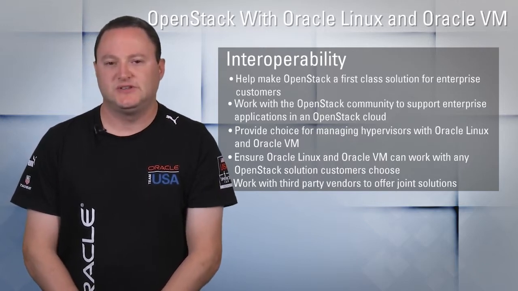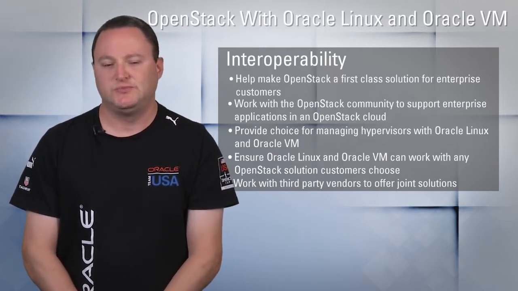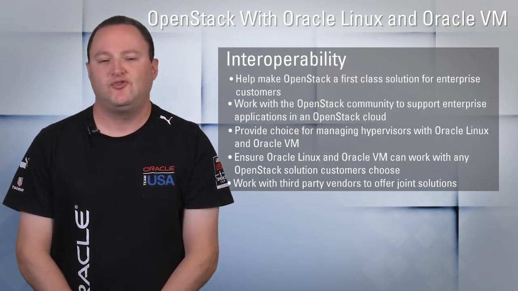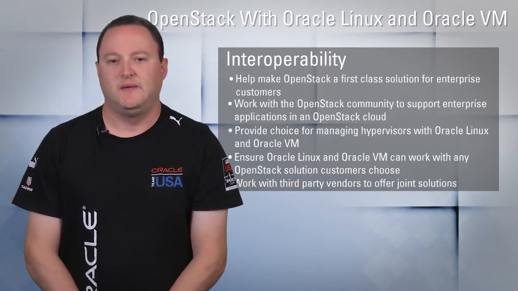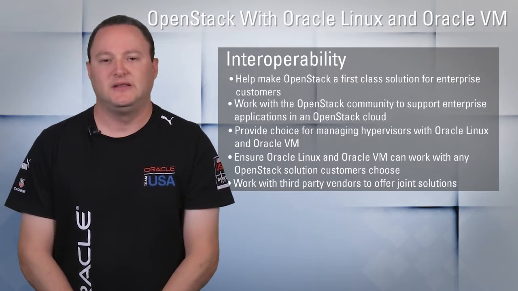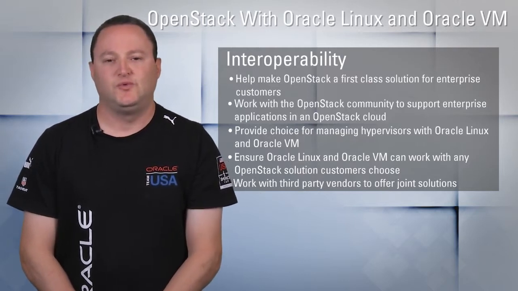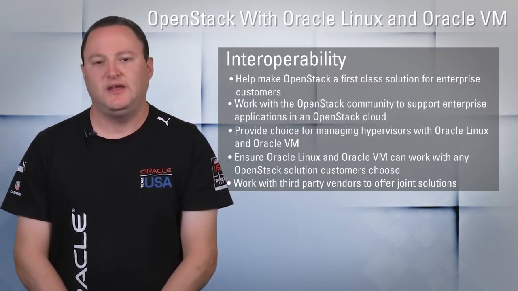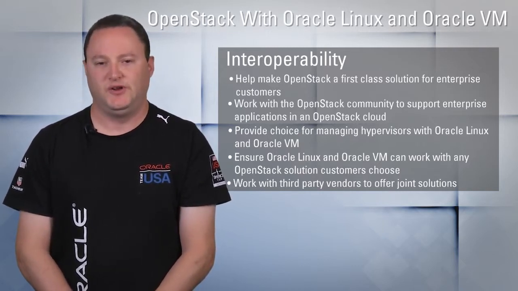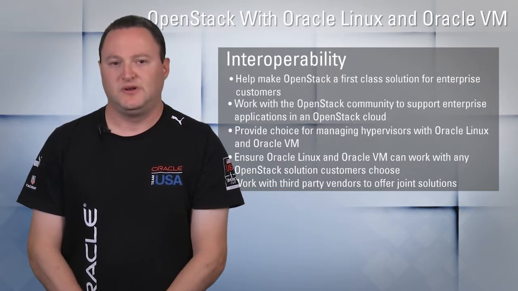So if a customer, for example, wants to use another distribution but still wants to use Oracle Linux, we will support him, and we'll make sure that we can work together with that distribution. And the two announcements that Oracle has made were with Mirantis, that Mirantis distribution will support Oracle Linux and Oracle VM, and with Canonical, saying that Oracle Linux will be supported on OpenStack from Canonical.